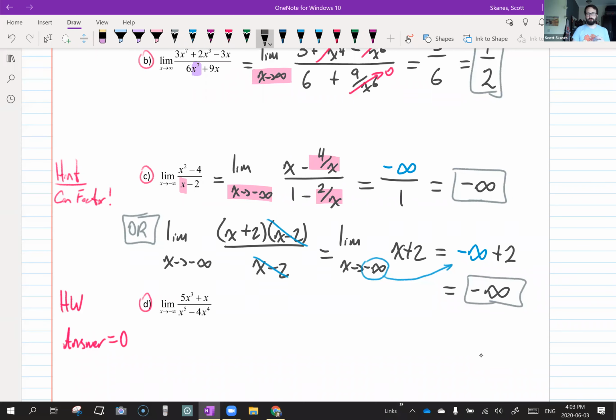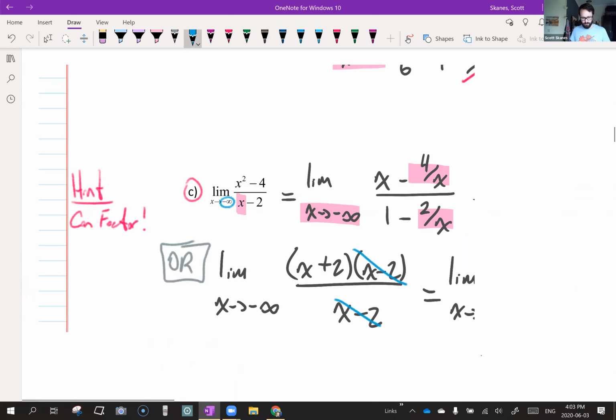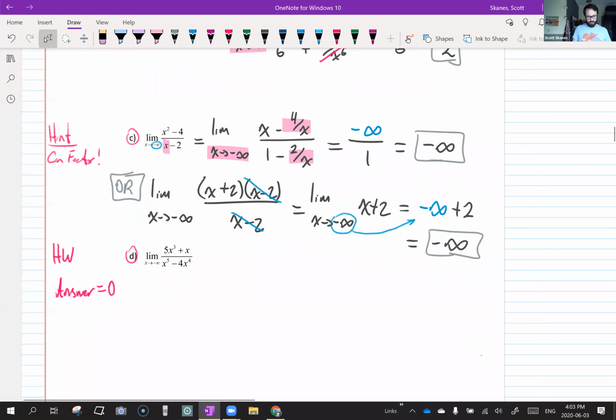So remember, the beginning of the question is what tells us what we're going to do. In this particular question, we're not substituting in 0, we're substituting in negative infinity. And I deleted all the terms that I could, and then the rest I kept. Clear? Okay. Let's move on.